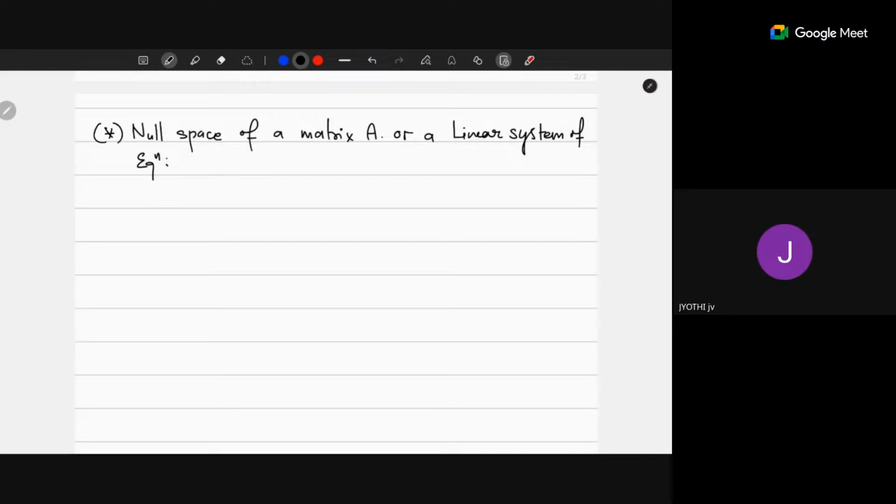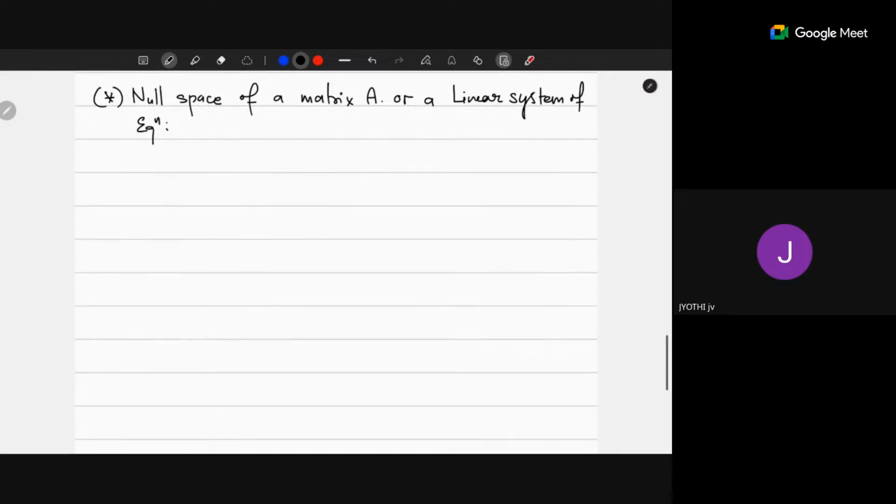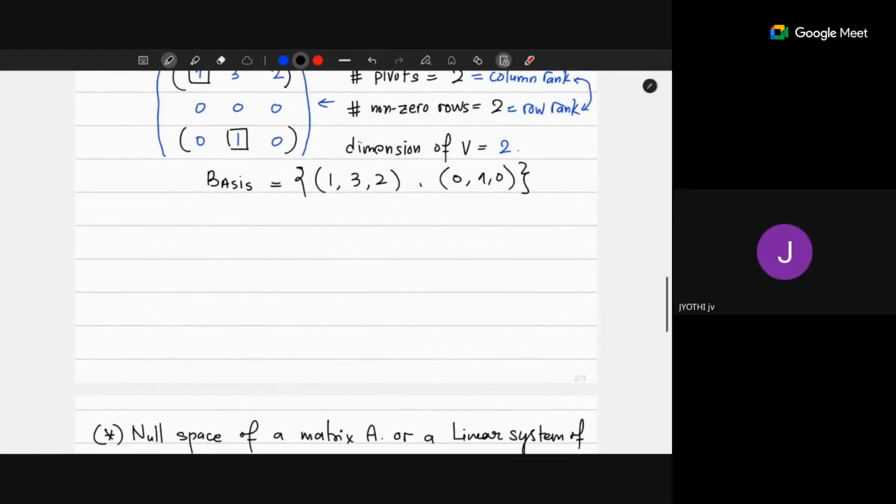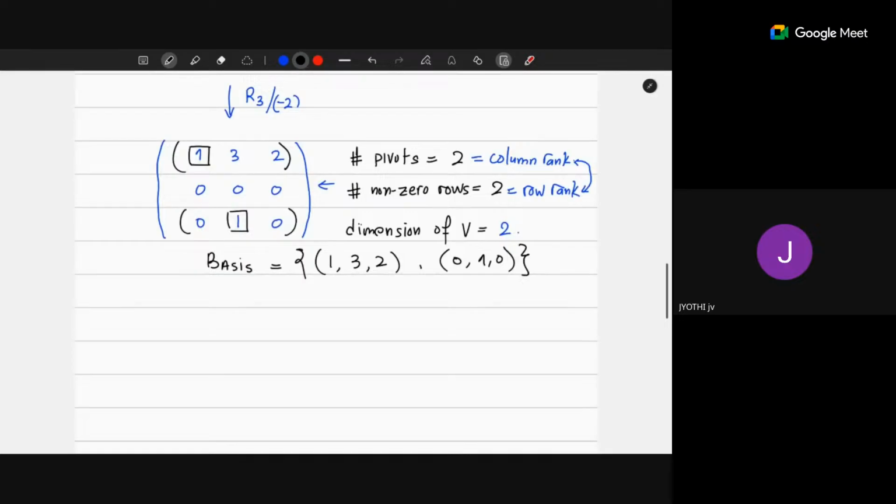Normally in the basis, we will rearrange the rows with the zeros in RREF, right? Since we needed to select the basis, that's why you haven't done it. Yes, one can do that also, because all the zero rows should be at the end.